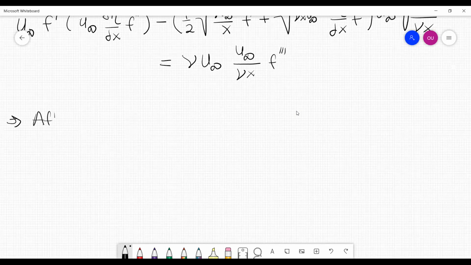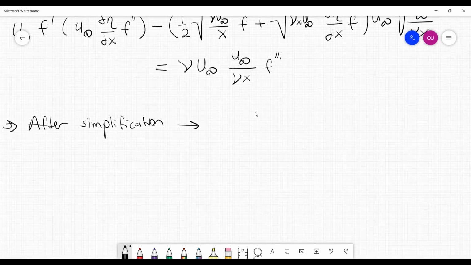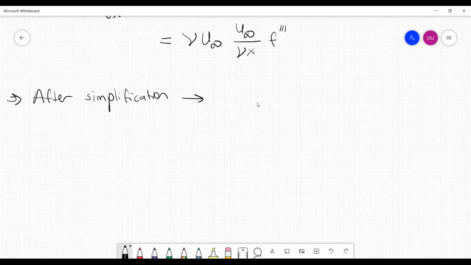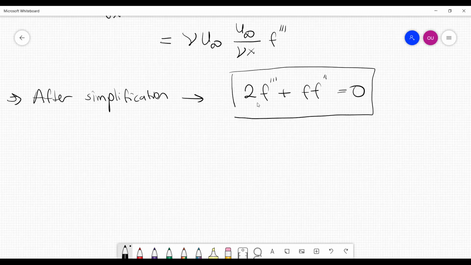After simplification, which means we are regrouping some of the constants and they cancel out with each other, we get this equation: 2 times f triple prime plus f times f double prime is equal to 0. Today we know it as the Blasius equation.